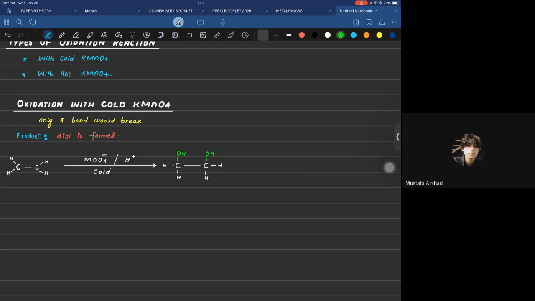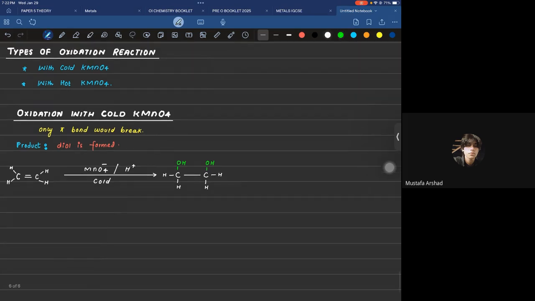Alcohol is formed, but this is a diol. One double bond is equal to two OH groups.